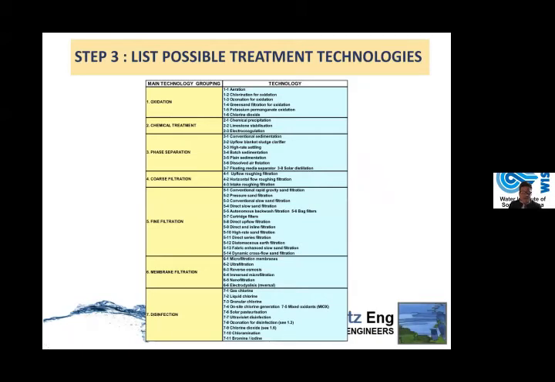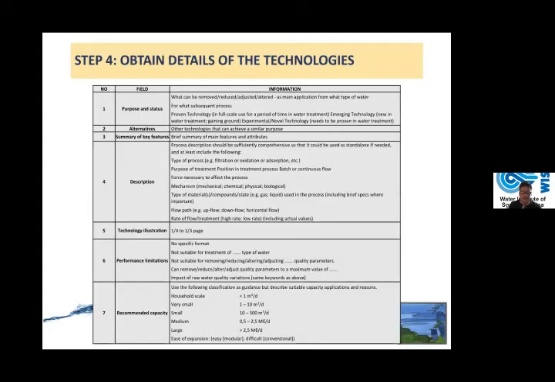This is not a complete list of technologies, but it's quite a comprehensive list. And you select from that previous table which technologies you would look at. These are your information sheets with the information on each of the technologies. It will tell you the purpose and status, what the different alternatives are, and what other technologies. Excuse me.